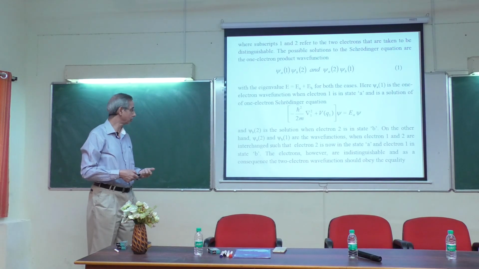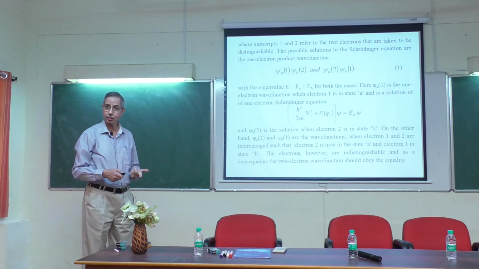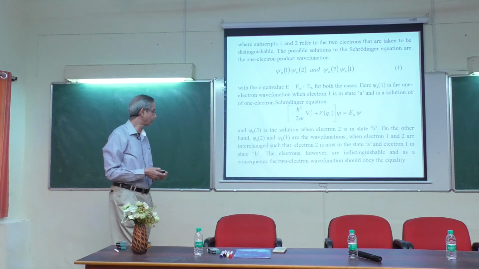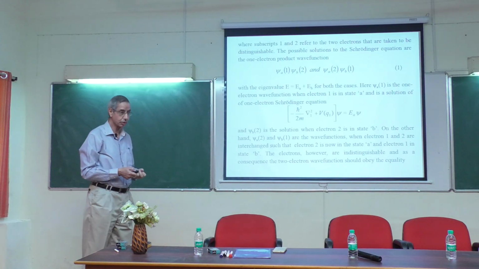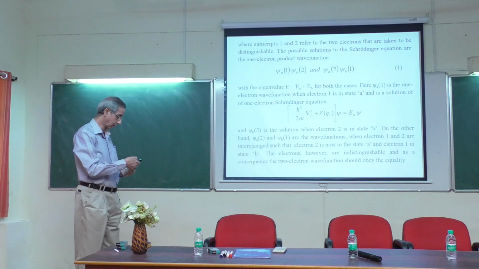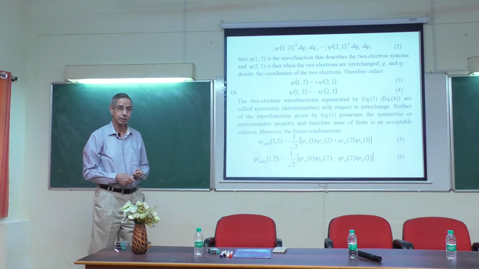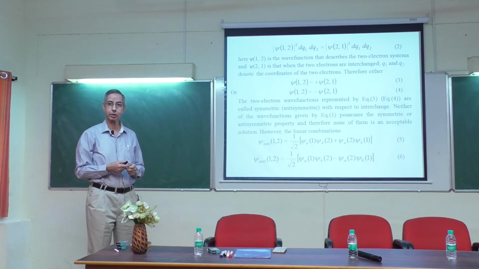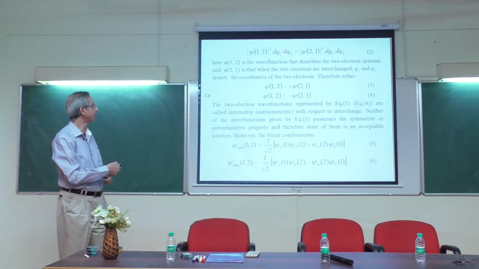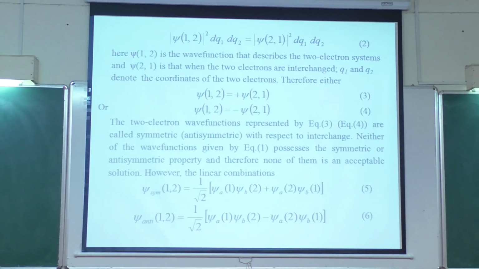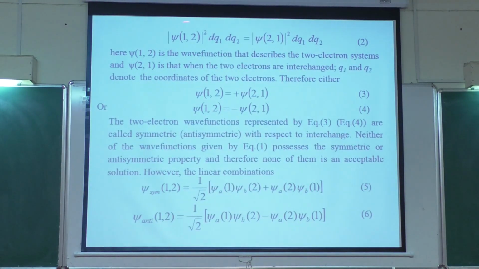So then what should happen? Since the electrons are indistinguishable, it immediately follows that the two-electron wave function should satisfy this relation. What is this relation?